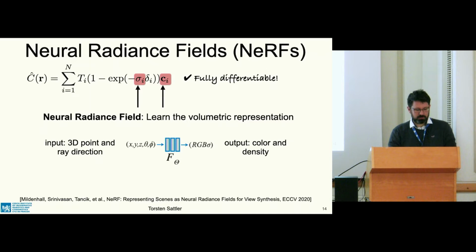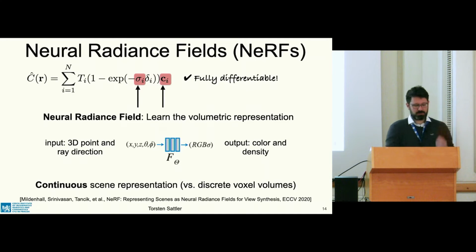And what you essentially do is you train a neural network that takes 5 parameters as input. 3 of these 5 parameters are the position of the 3D point, and then you get 2 angles that describe from which direction you are looking at this 3D point, so that you can model view-dependent effects where you continue looking at the same 3D point from different viewpoints, and then the color that's output by the network can change according to the change in viewpoint.